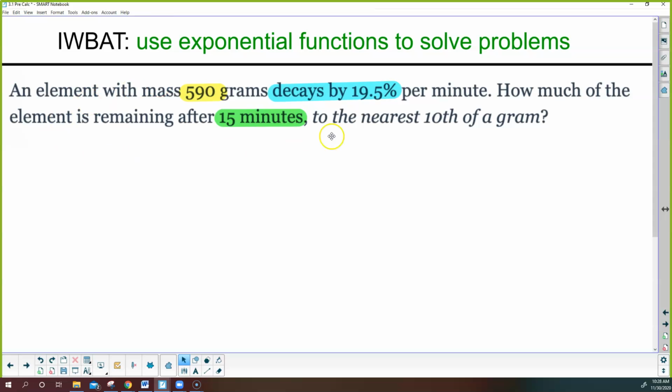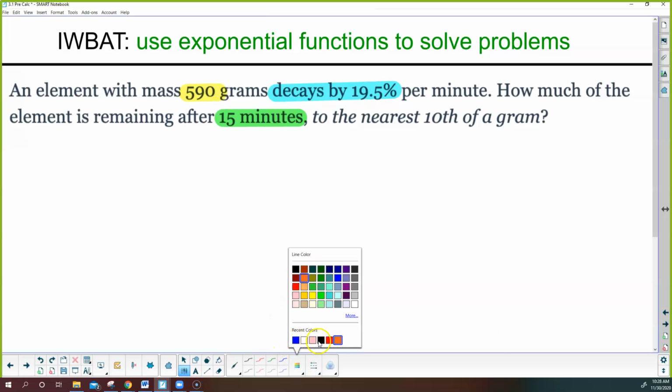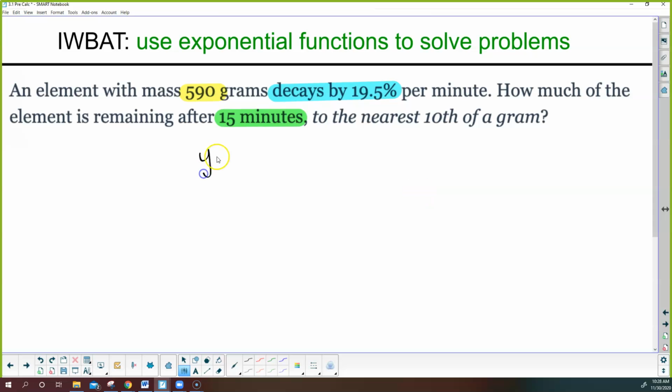So they do not use the words compounded continuously, which means I now have to go back to that original formula that we talked about before, which was y equals p sub 0 times 1 plus r to the power of t. And then it's really quick. And again, you're not writing this down, so we're going to go fast.